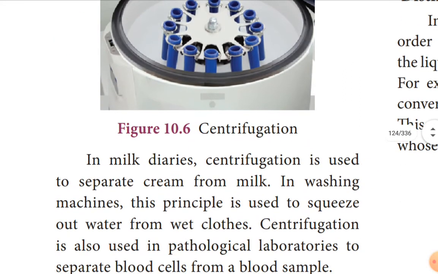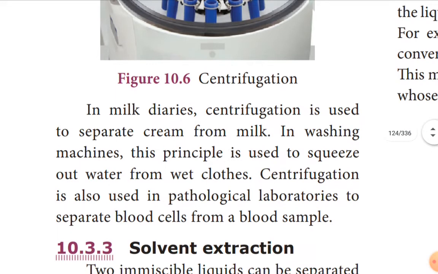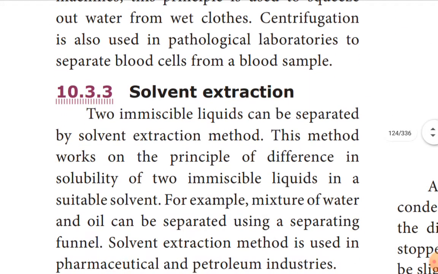This method is used in milk dairies to separate cream from milk, in washing machines to squeeze water from wet cloth, and in pathological labs to separate blood cells from blood samples.